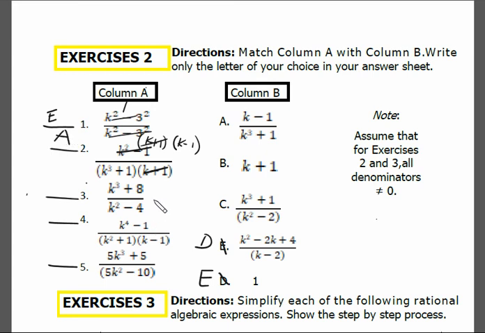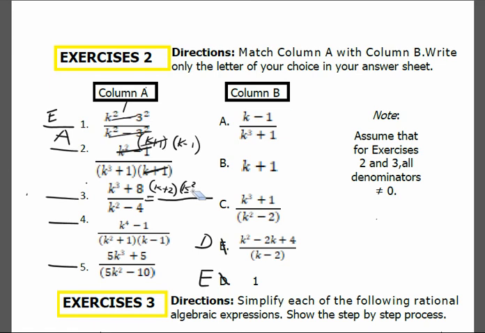For number 3, well, this is the sum of two perfect cubes. We have a special product for that. And the difference of two perfect squares. So we have a special product. So let me extend this here. Factors are k plus 2 times quantity k squared minus, wait, erase.